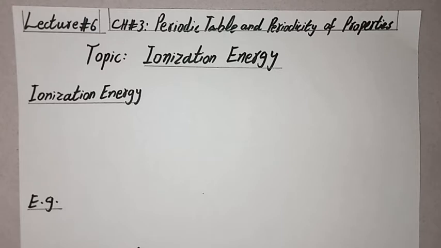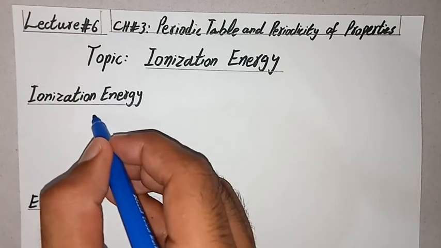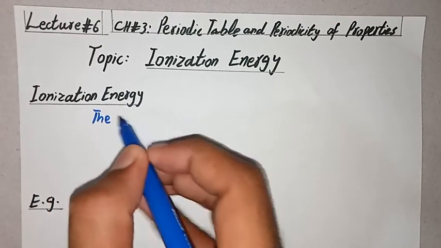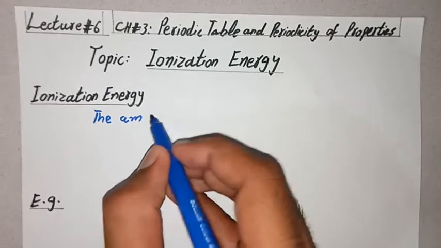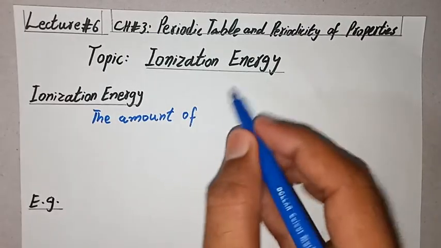Ionization, by the name we can also guess, is any amount of energy. So ionization energy is the amount of energy, meaning quantity.